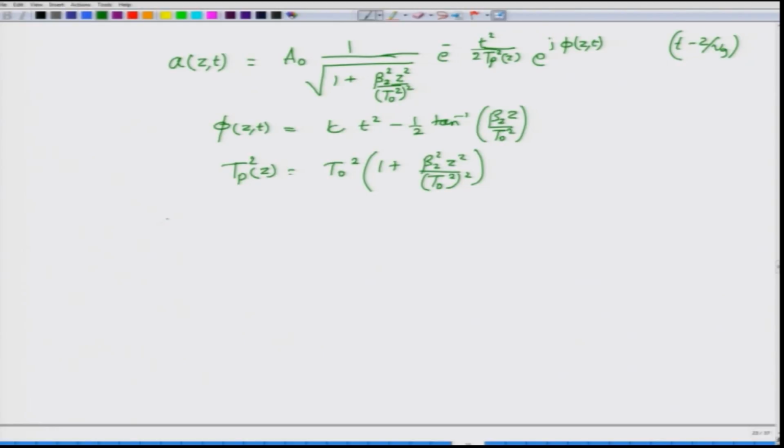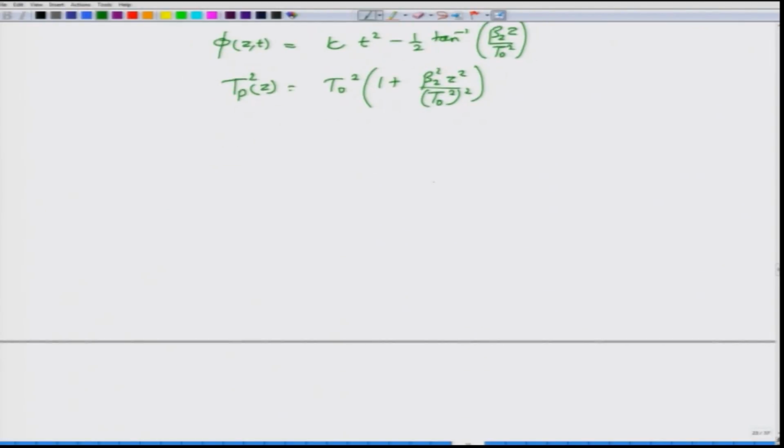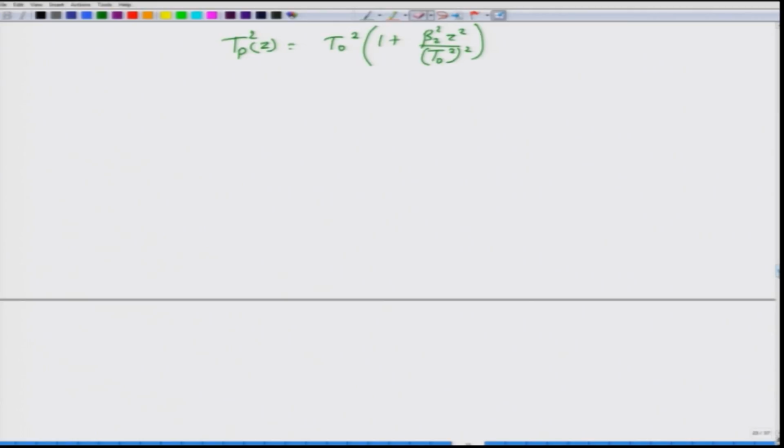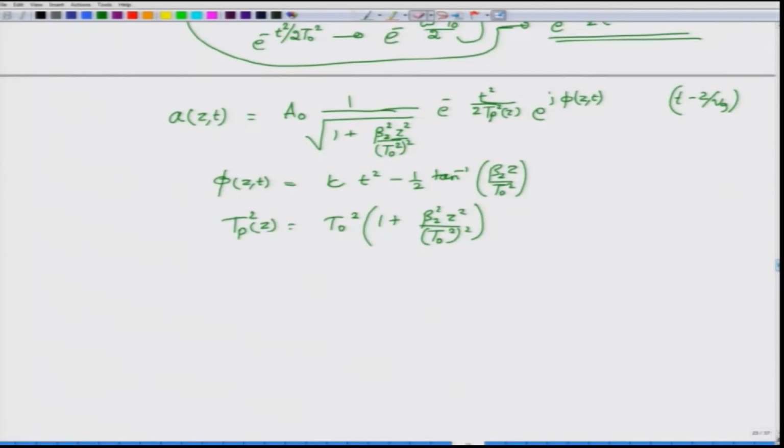Now, what is the significance of the term sitting inside, beta 2 square z square by t 0 square, all squared? It is very interesting. Suppose instead of writing this as beta 2 square z square by t 0 square, I write it with the magnitude of beta 2. I need some space here, so I am going to rewrite this: magnitude of beta 2 z by t 0 square.